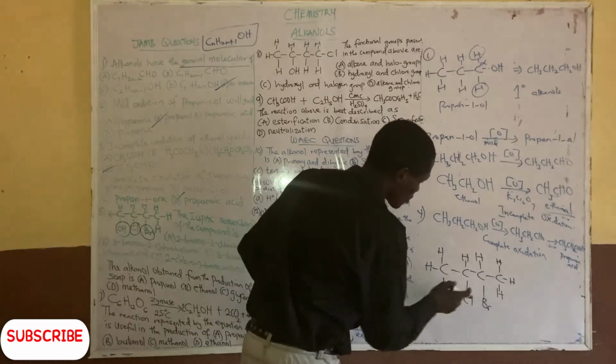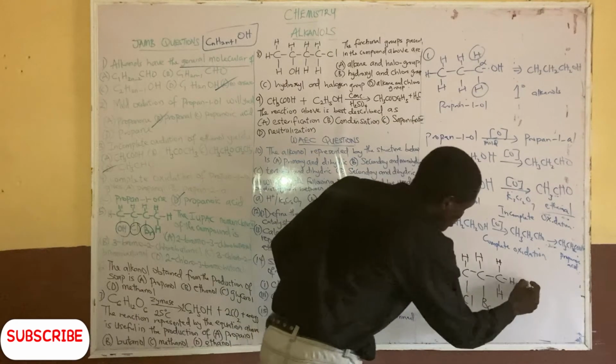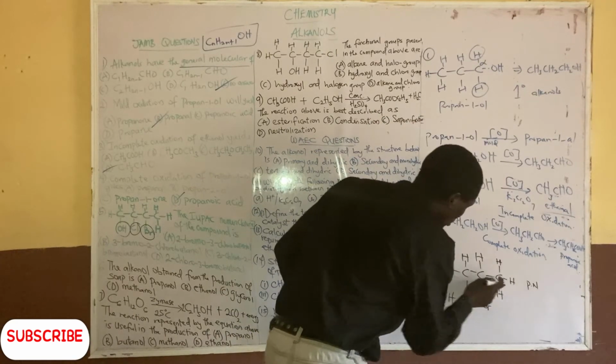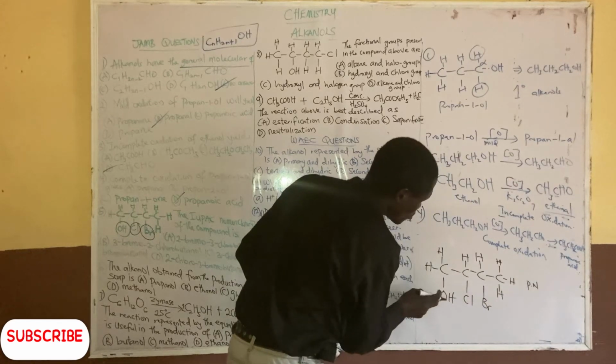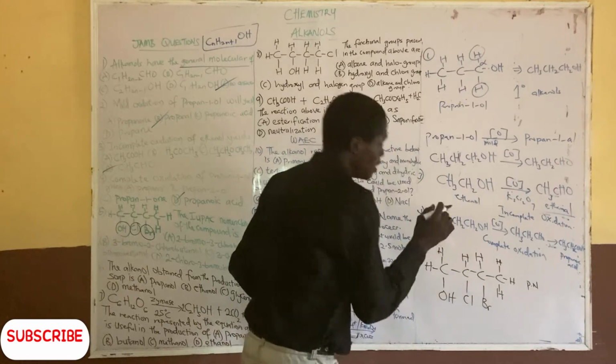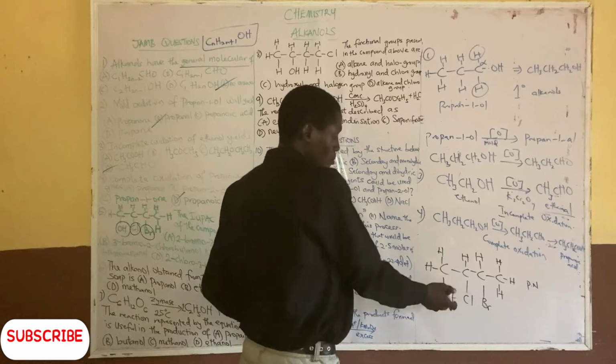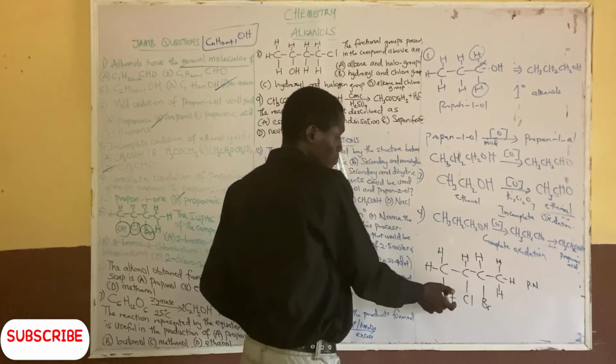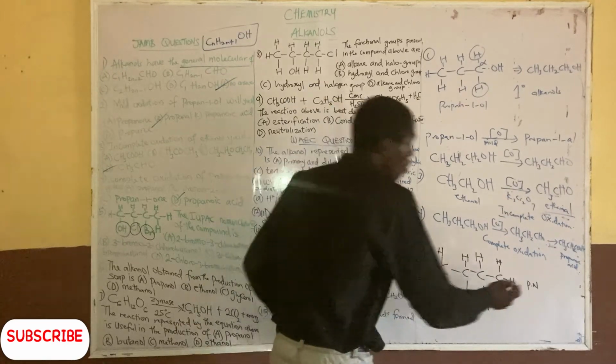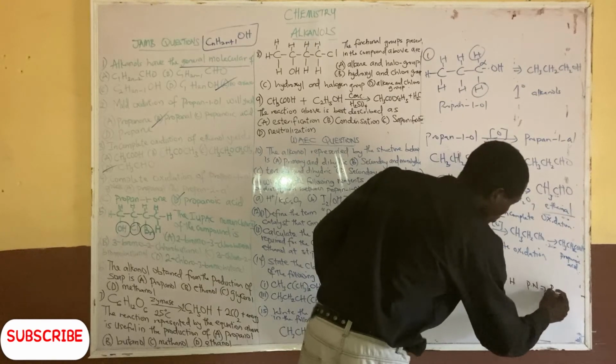Now, the parent name will be 1, 2, 3, 4, which is butane. Because it has the OH functional group, it will now be butanol. So the parent name here is butanol.